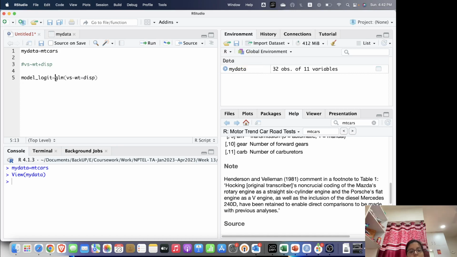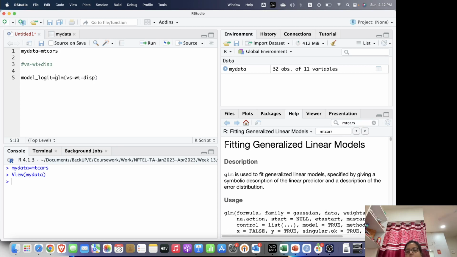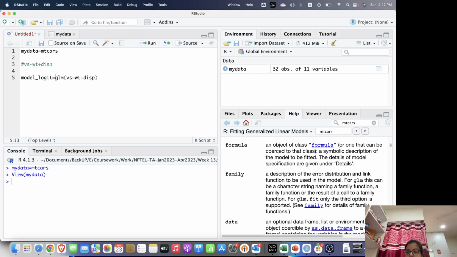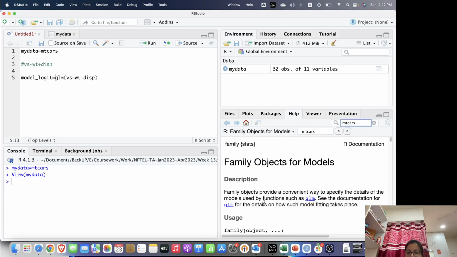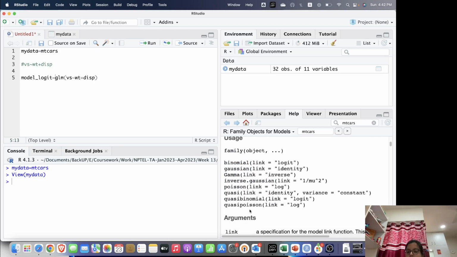So before going into everything else, let me look at this glm function. This is going to fit a generalized linear model. In family we have to specify what family we are using. Okay, here we have a description of all the families. So we could use a binomial, a Gaussian would fit a normal linear regression, we could fit a gamma regression, inverse Gaussian, Poisson, quasibinomial, and so many things.